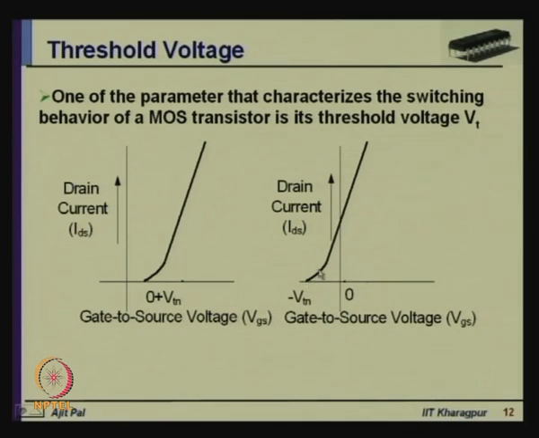And if you increase the voltage from negative to less negative to 0 and then positive, the drain current follows the same nature of curve, and of course, the amount of current will depend on the gate voltage. So, these two essentially represent the drain current with respect to gate to source voltage for the enhancement type transistor and for the depletion type transistor.